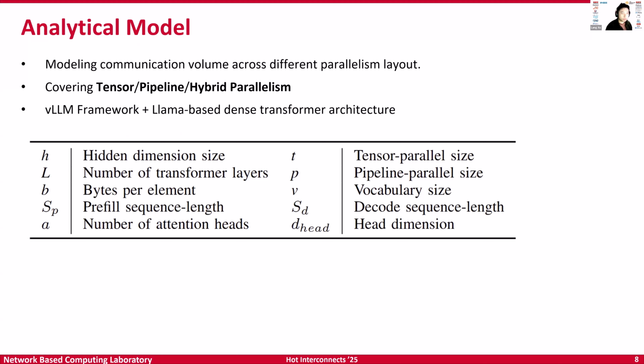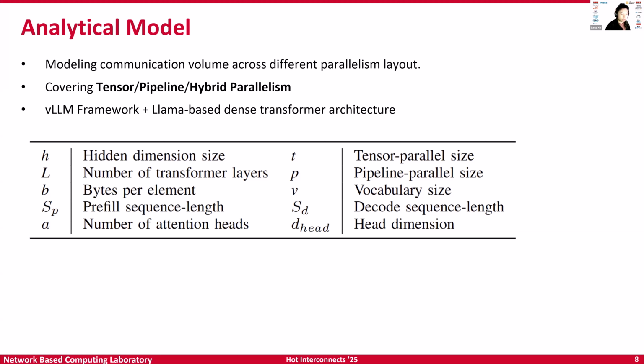We'll be covering tensor, pipeline, and eventually combining them together, the hybrid parallelism. These formulas and mechanisms are derived from the vLLM framework, and are also conducted on dense transformer architectures with Llama-based architectures.